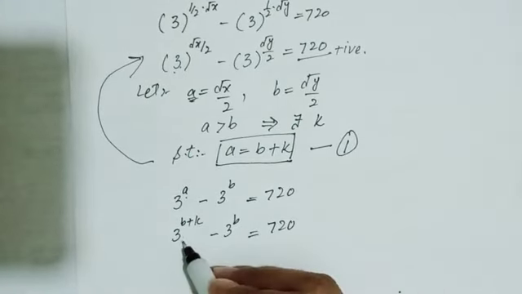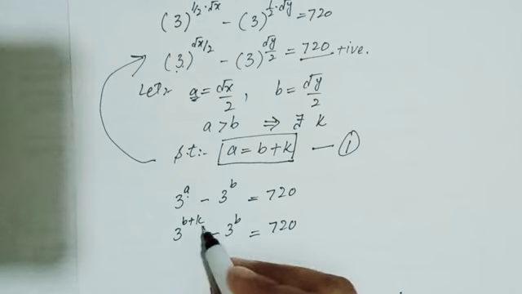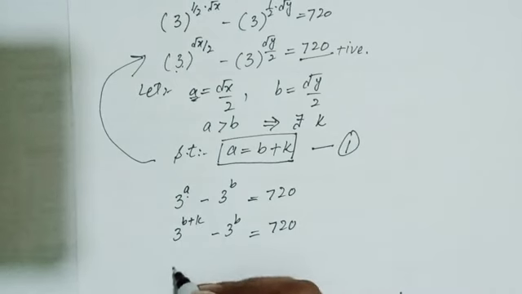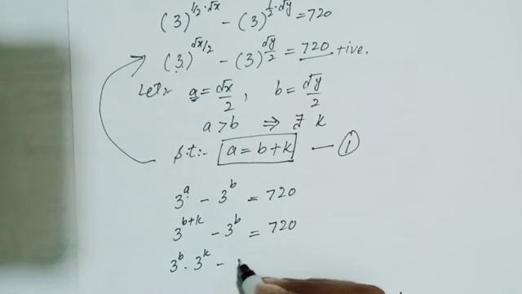Now I can write this 3 raised to power b plus k as 3 raised to power b times 3 raised to power k, minus 3 raised to power b, equals 720.